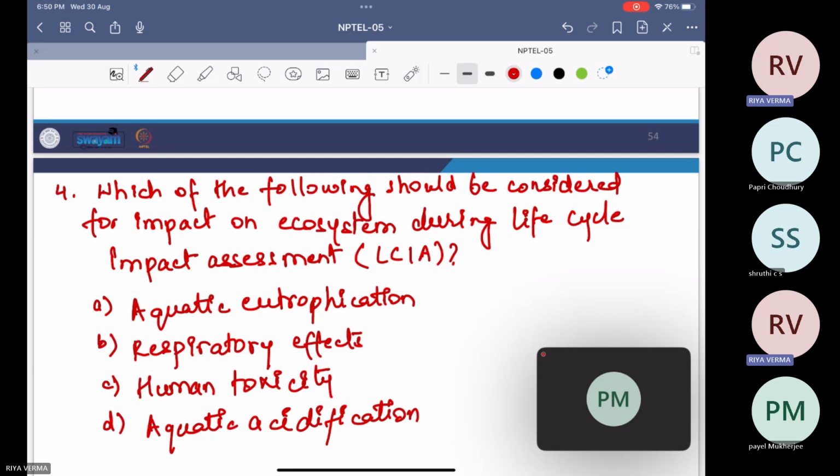So the question is, which of the following should be considered for impact on ecosystem during life cycle impact assessment? The answer is aquatic acidification and aquatic eutrophication also, right?